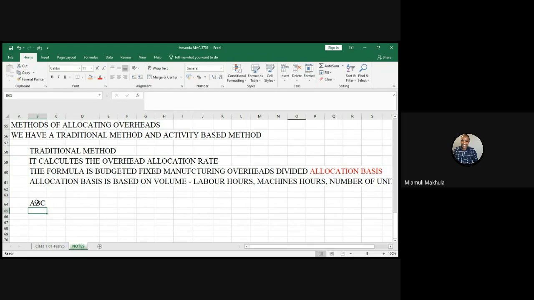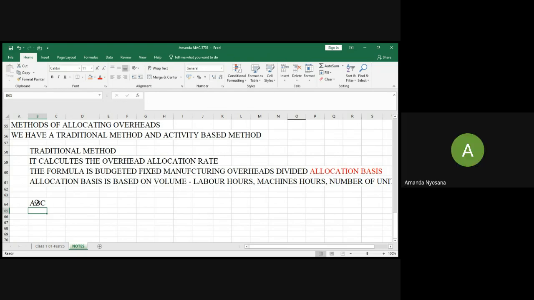All right. So let's say you are producing igwinya and muffins. How a muffin will consume electricity and how igwinya will consume electricity will not be the same. Just imagine we are allocating electricity based on the number of hours that the oven was on.